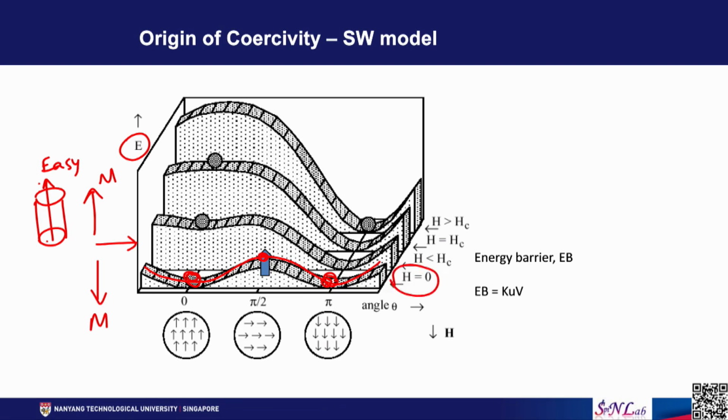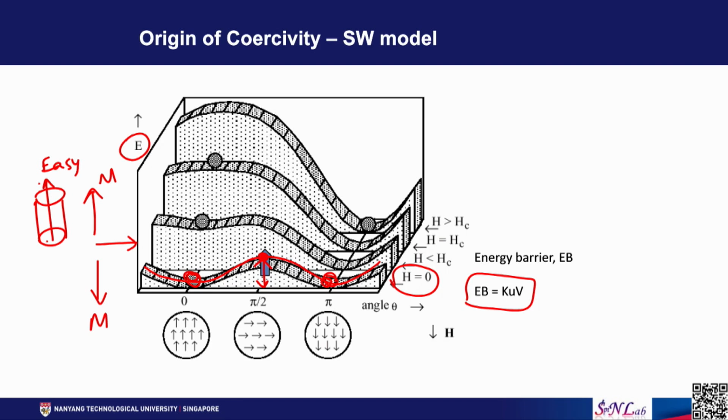Okay, when you do not apply any magnetic field, this is the energy landscape, and this value is called energy barrier. That means, the difference between the lowest energy and the highest energy is the energy barrier, and this is what is called KUV. I already described before.